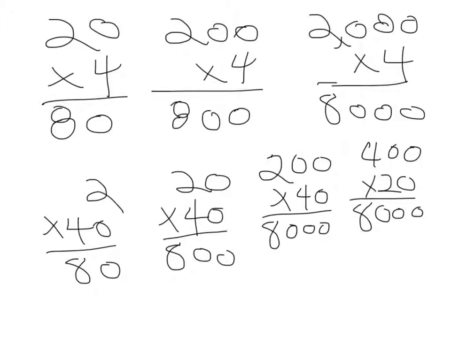Over here, I've got 40 times 2, and I have 1 zero, 1 zero. 2 times 4 is still 8, and 2 zeros gives me 800. You're welcome to stop and skip count by 40, 20 times, and see what happens. And again, I have 1, 2, 3 zeros. 2 times 4 is 8, with 3 zeros.